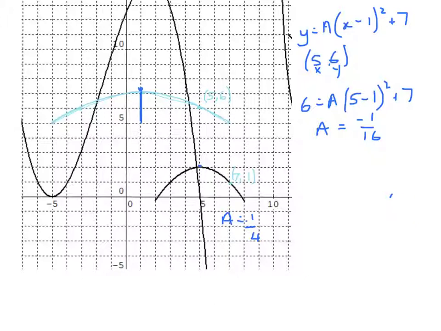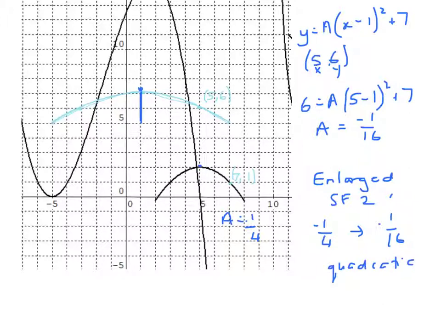By enlarging it, I've actually just widened it by a scale factor of 2, but I've kept the same height. So from -1/4, it's gone to -1/16. So that's a quadratic relationship. It's been squared. 4 has been squared to become 16.